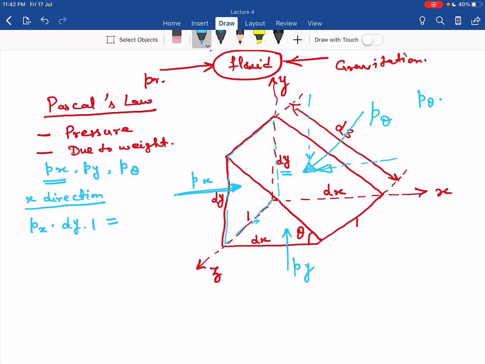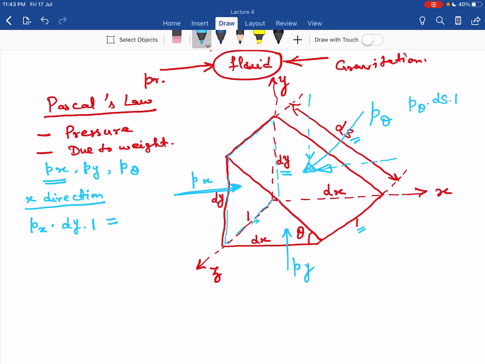Area is 1 into ds. So write it again, this force is p theta into ds into 1.